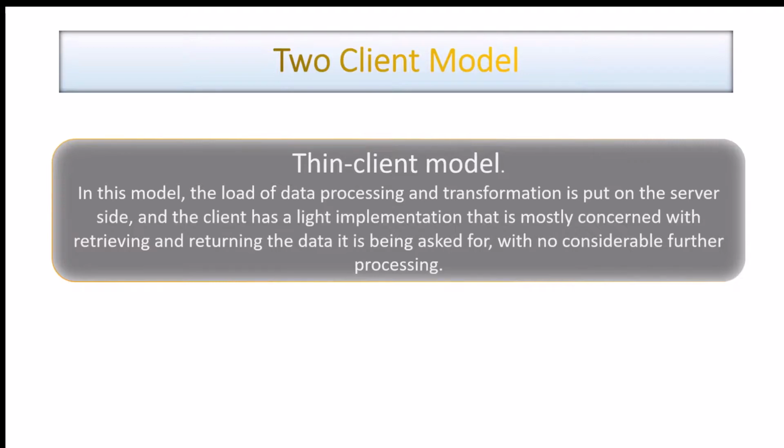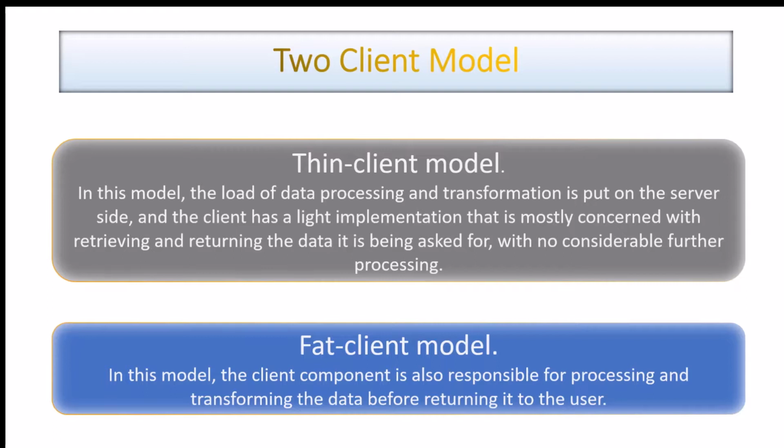The client only sends the request and receives the data from the server as a response that will be displayed on the client machine. So here the client is doing very lightweight work. That is the reason it is called a thin client. There is no further processing or applying of business logic on the data in the thin client model. The other client model is the fat client model.